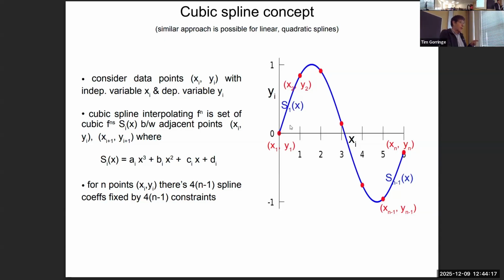And we're going to, between each pair of data points, put a cubic function that passes through the data points and joins with the adjacent cubic functions smoothly in the sense that the slope and the curvature is continuous.